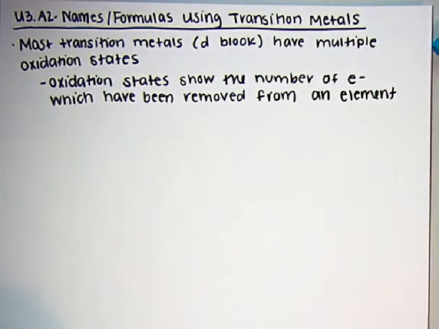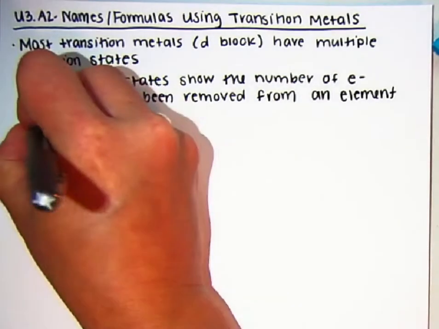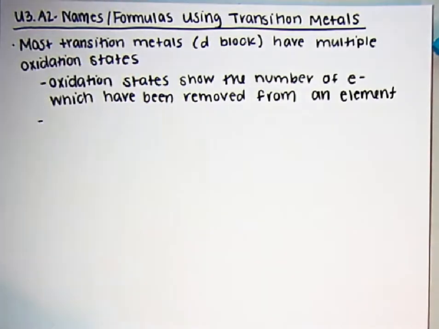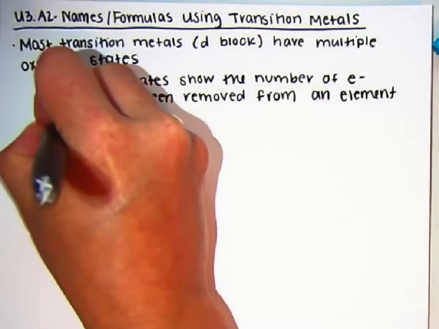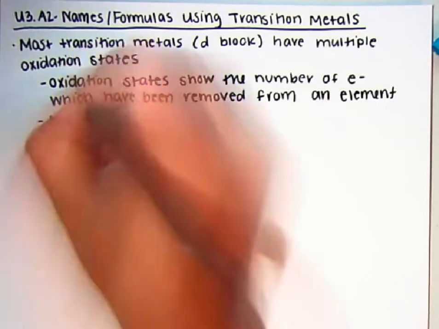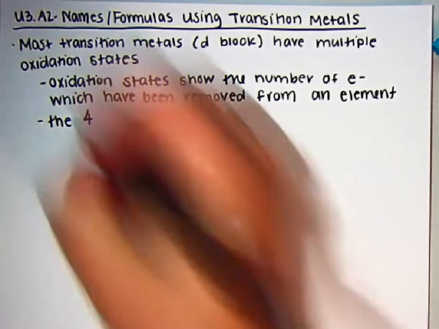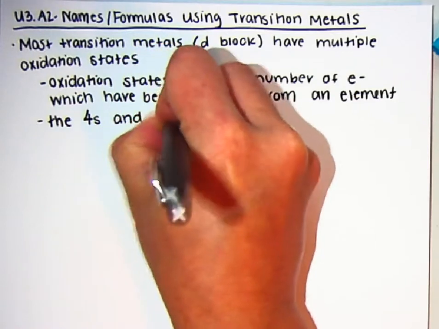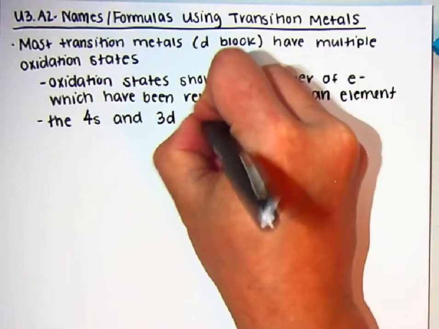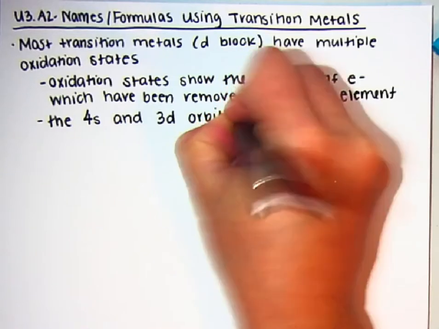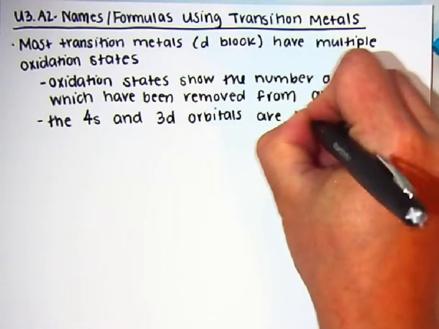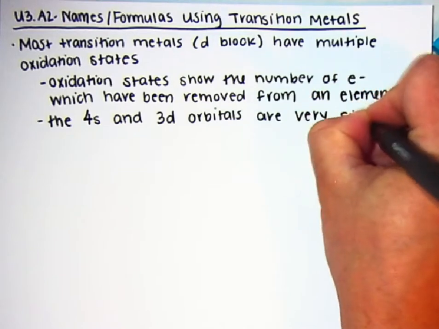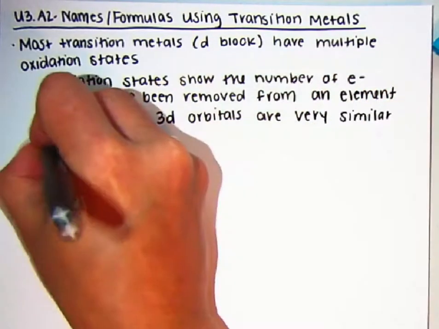So part of the standard is you need to be able to explain the rationale as to why elements have multiple oxidation states. One of the examples we're going to look at is for iron. The reason that something like iron would have multiple oxidation states is because the 4s and 3d orbitals are very similar in energy.